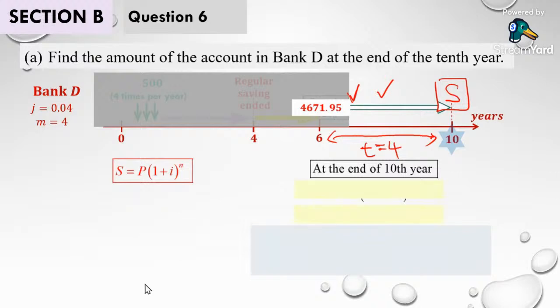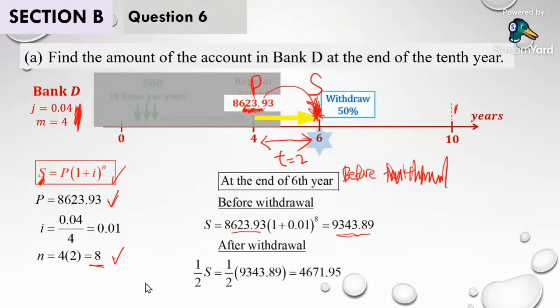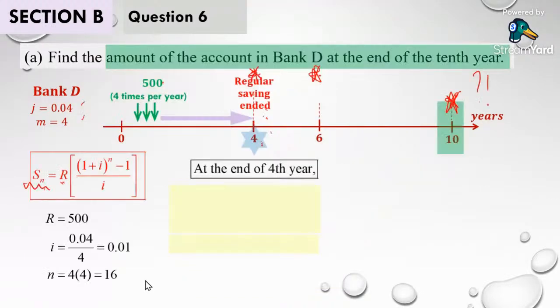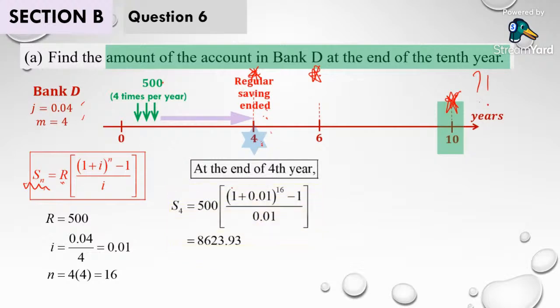Okay, so a mistake was identified just now. The very first part, the end of the 4 years. So this part here, we try to double confirm the value and see whether I made any wrong calculation here for the amount.